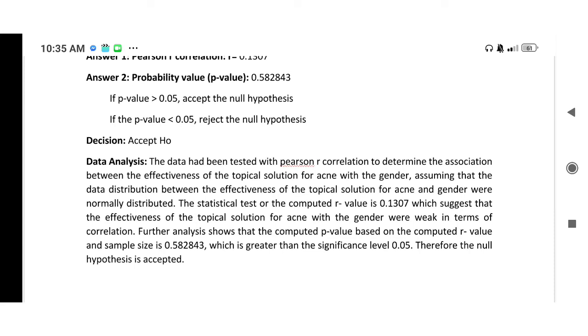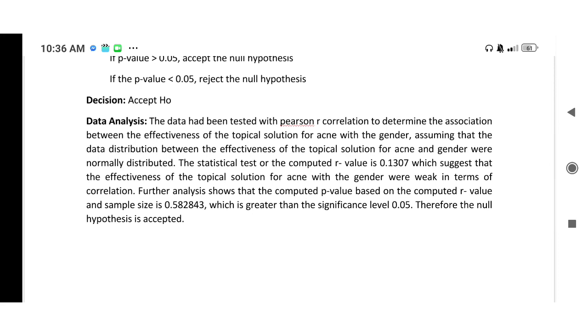Data analysis. The data had been tested with Pearson R correlation to determine the association between the effectiveness of the topical solution for acne with the gender. Assuming that the data distribution between the effectiveness of the topical solution for acne and gender were normally distributed, the statistical test or the computed R value is 0.1307, which suggests that the effectiveness of the topical solution for acne with the gender were weak in terms of correlation.